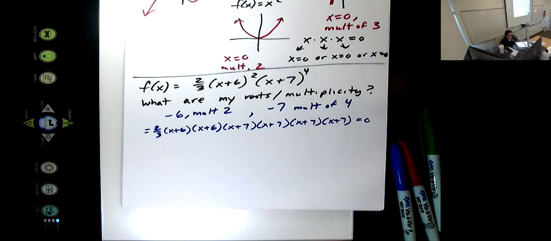It's the exponent. -6 has its own multiplicity, -7 has its own multiplicity, and you record them separately. Yes, definitely recorded separately.